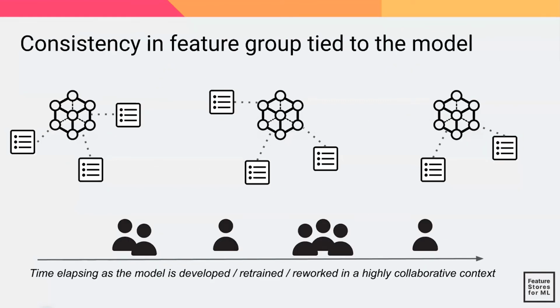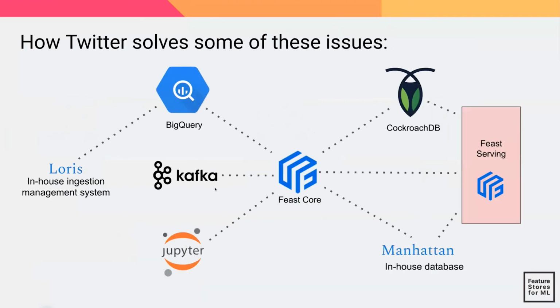Cool. So now that I've gone over these various consistency levels, I'll quickly go over what Twitter's stack looks like to achieve this consistency pyramid. So here's our setup. We have our various offline stores, online stores, and at the center of it, we use Feast, which is an open source feature store framework.